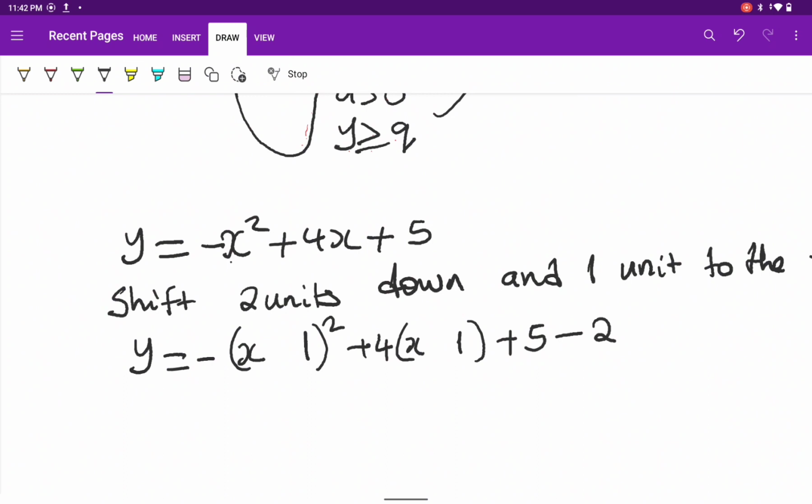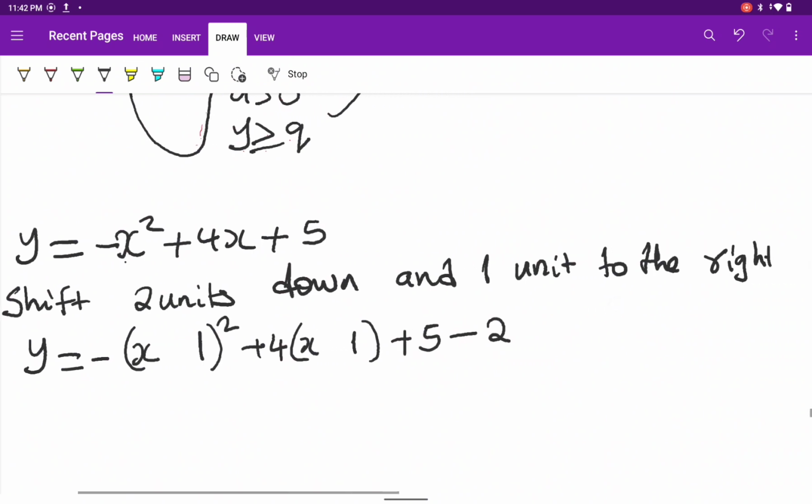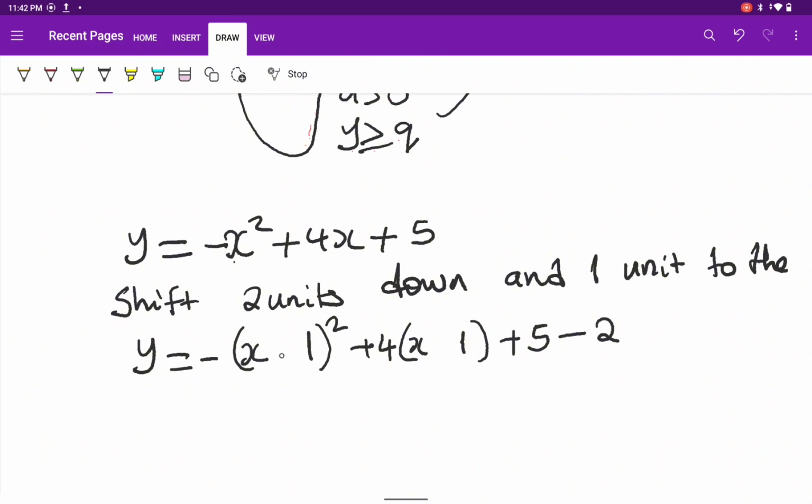Now we need to remember this. If we shift to the left, we need to add. If we shift to the right, we need to subtract. So here they said we must shift to the right. So when they say shift to the right, we have to subtract. So we'll say minus 1, because they said 1 unit to the right.